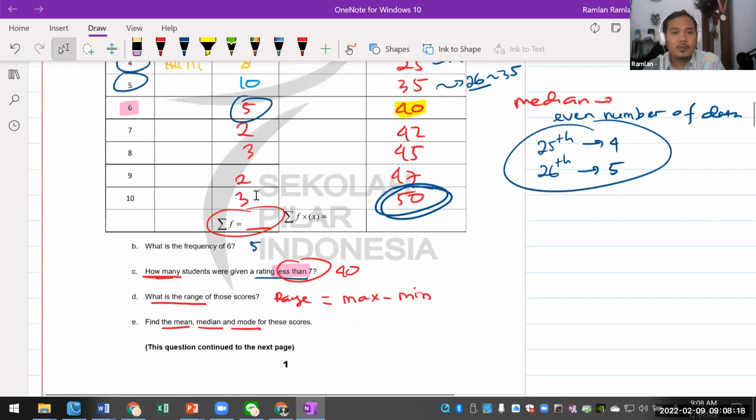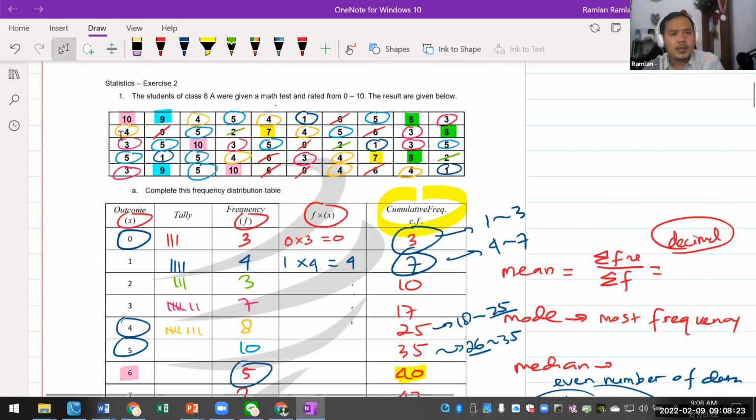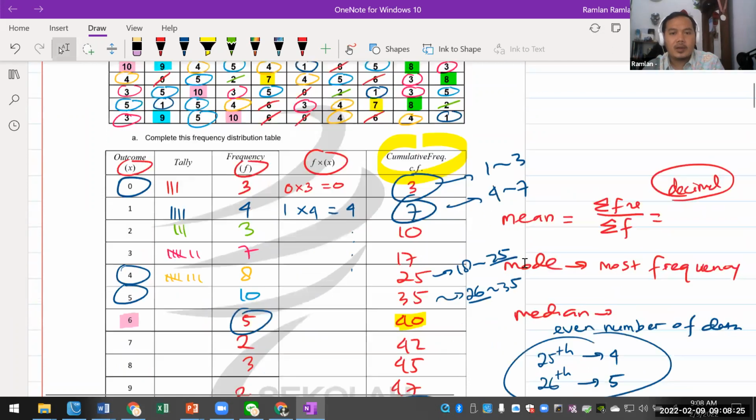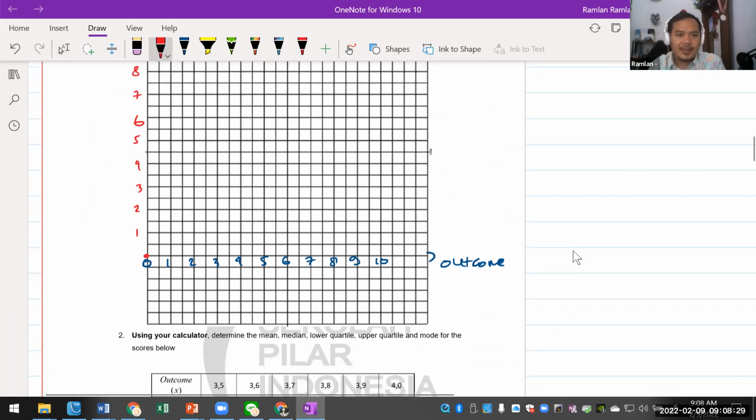We know that for 0 we have 0 itu ada 3 ya. Oke guys, ini harusnya agak minggir sedikit ya guys. I'm gonna move it again. Untung saya aplikasinya lumayan bagus nih, bisa saya geser-geser ya. Nah, saya mulainya dari 0 dari sini ya guys.